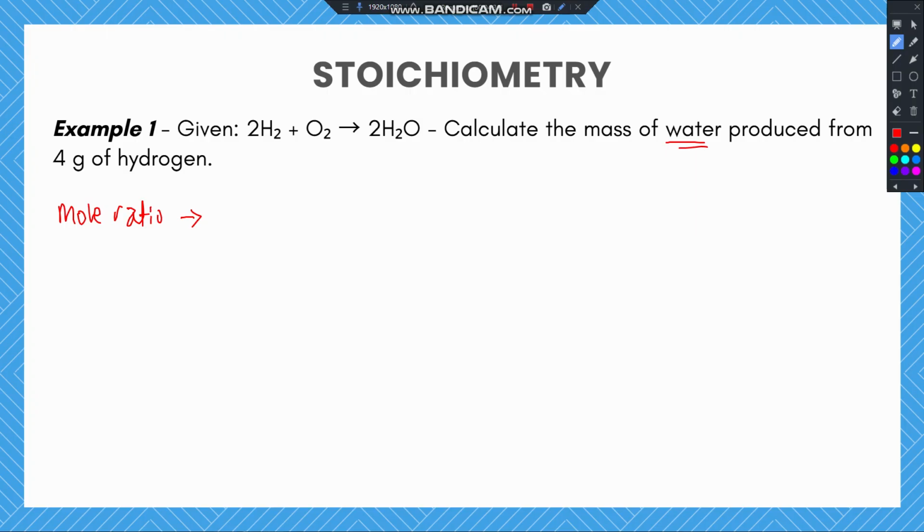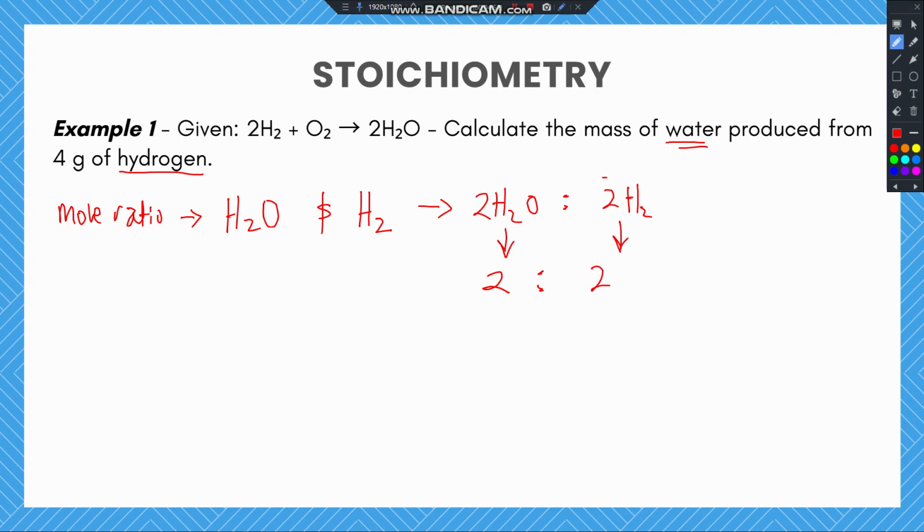So the first thing we are handling is water, H2O, and they say calculate from 4 grams of hydrogen, H2. Now from the equation, H2O is written as 2H2O and hydrogen is written as 2H2. So the mole ratio becomes 2:2. We simply extracted the coefficients. This is 2 and this is 2.